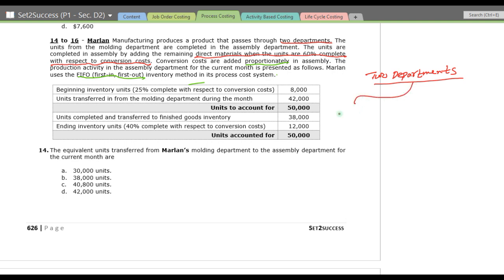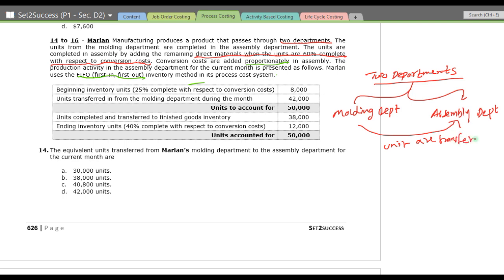The first department is the molding department, and the second department is the assembly department. Units are transferred from the molding department to the assembly department.